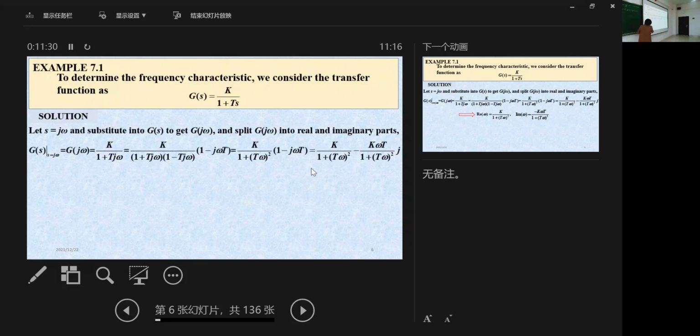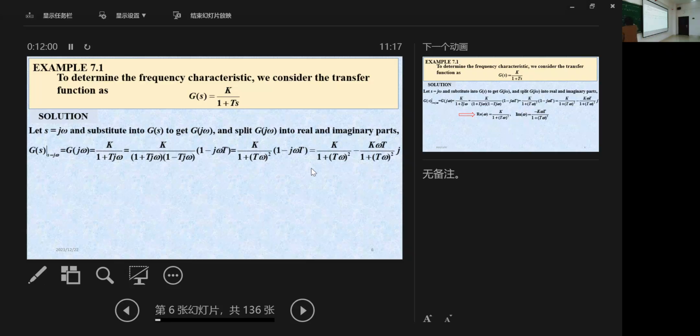But since j is in the denominator, can we directly know the real part and the imaginary part? We should do what? You want to get the real part and the imaginary part with j. Then how to change this into two parts?